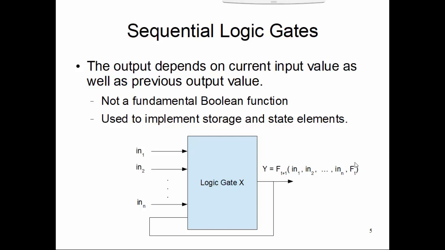So f at t plus 1 is the output variable value y computed at time point t plus 1, and that output depends on all my independent inputs, and also the output that we computed in the previous step, ft. So that's my sequential logic gates. That's all you need to know for this class.